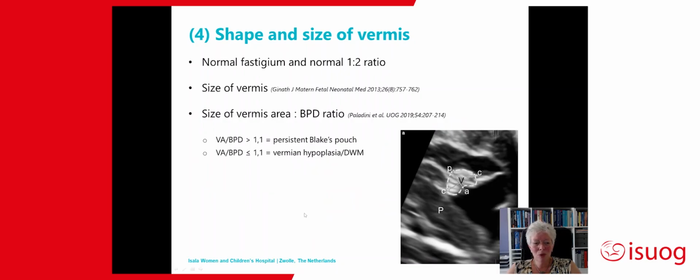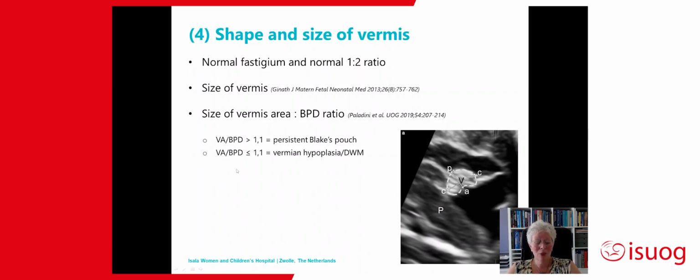We could also look at the size of the vermis area in ratio with the biparietal diameter as a sign of the gestational age. And if this area divided by the BPD is more than 1.1, it's probably a persistent Blake's pouch.